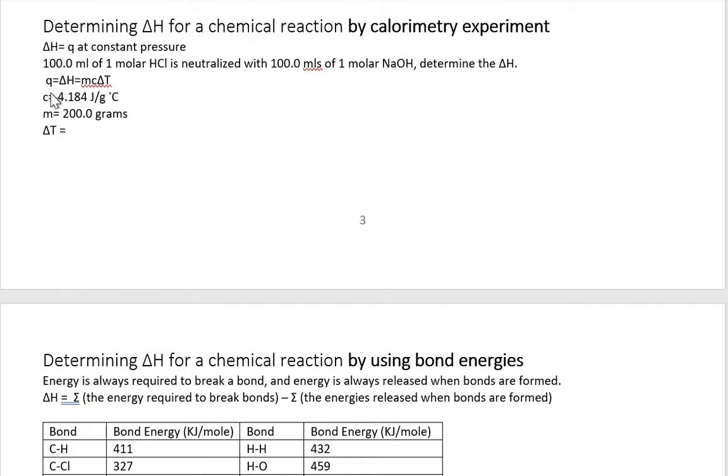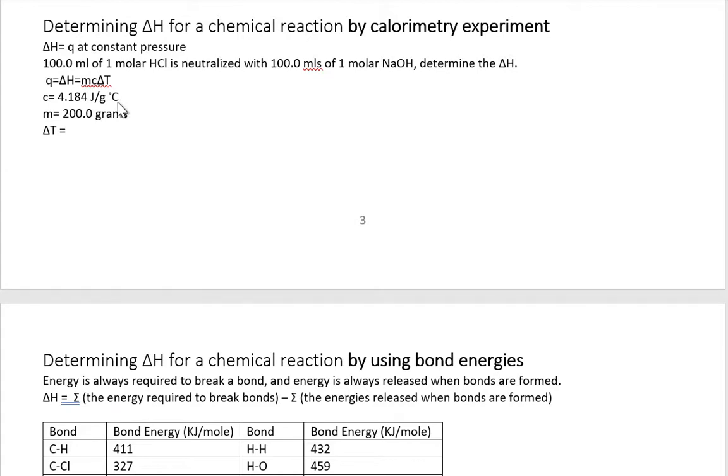So we're rewriting the familiar equation of Q equals mc delta T as delta H, change in enthalpy, equals that. Now, all of these variables are given except for the one that we had to determine when we put the thermometer in the calorimeter. The specific heat of water is the same thing.